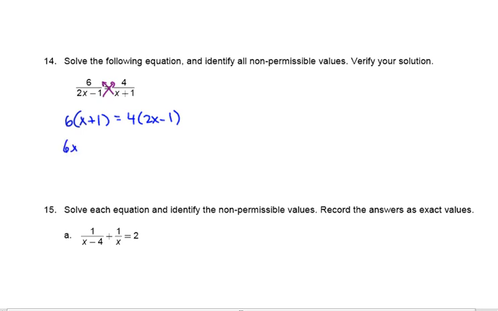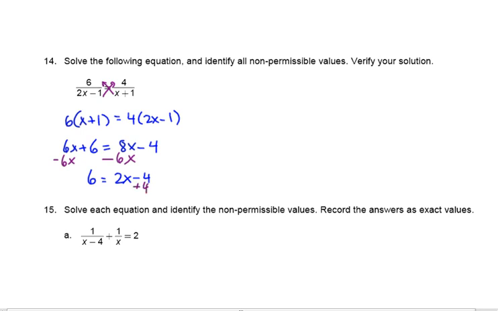6x plus 6 equals 8x minus 4. And how do you solve? Now, if it's just one x, not an x squared, it's an x. So bring all the x's together. So let's subtract 6x. So I have 6 equals 2x minus 4 then.